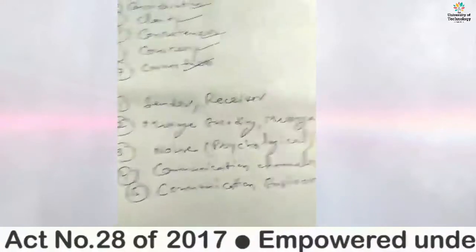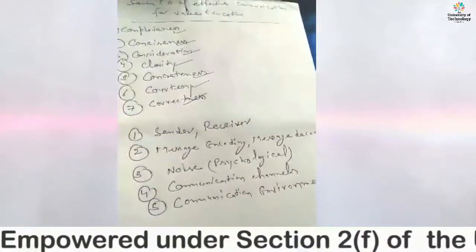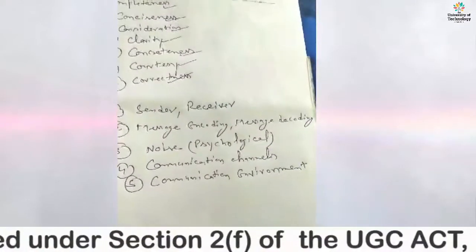So: sender, receiver, message encoding, message decoding, noise, communication channels, and communication environment. This is the process of communication.